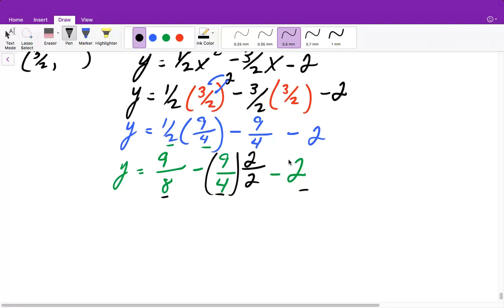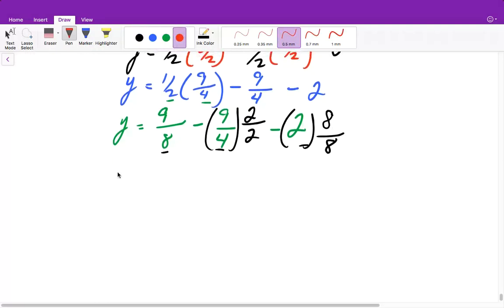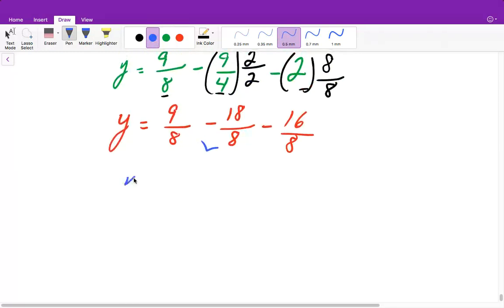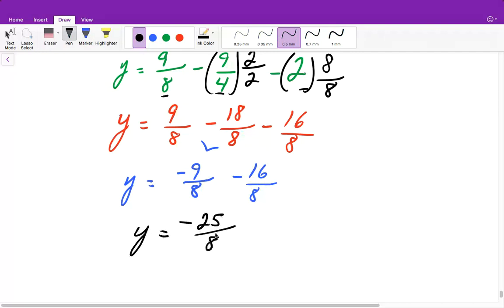So we'll multiply this by 2/2, and we'll multiply this by 8/8. I know this one's going to be a little bit messy with the fractions, but that's okay. y is equal to 9/8 minus 18/8 minus 16/8. These two will combine to give me y is equal to negative 9/8 minus 16/8. And then our final will be y is equal to negative 25/8.